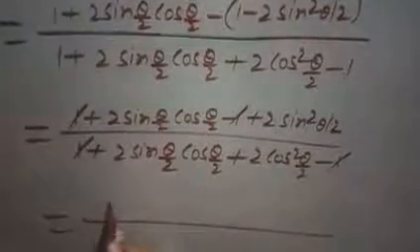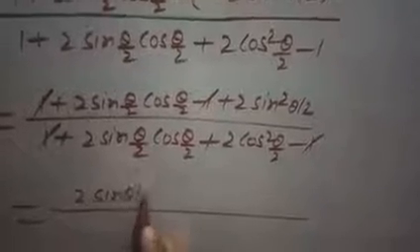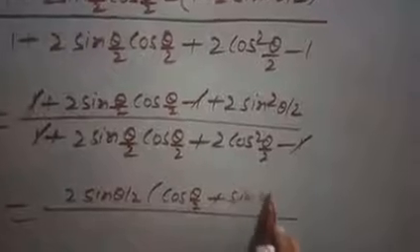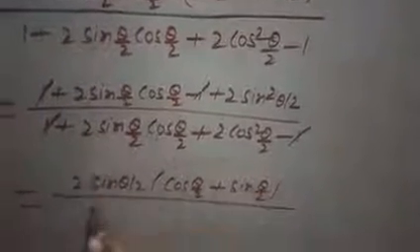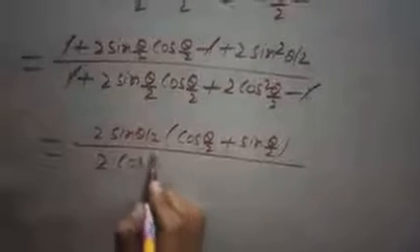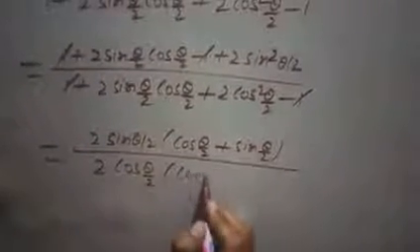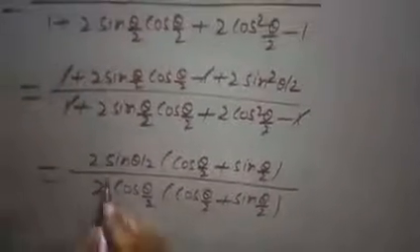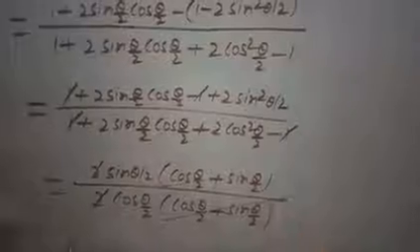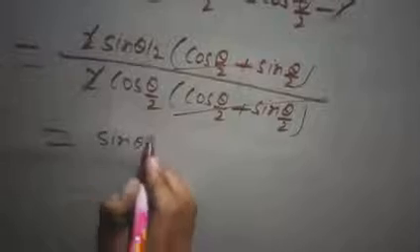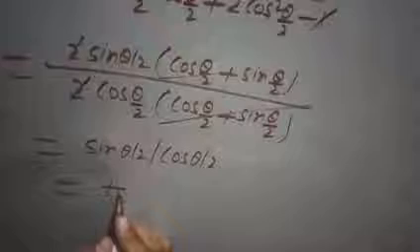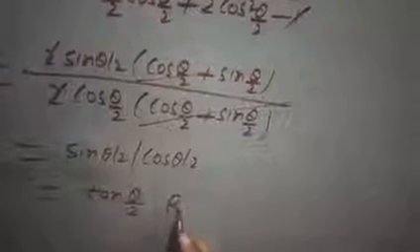Now here 2 sin theta by 2 is common, so in the bracket cos theta by 2 plus sin theta by 2. In the denominator, 2 cos theta by 2 is common, so cos theta by 2 plus sin theta by 2. Now this whole bracket cancels, so sin theta by 2 upon cos theta by 2, and that is tan theta by 2, and that is our right hand side.